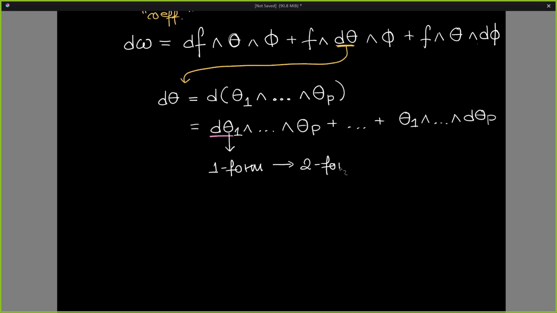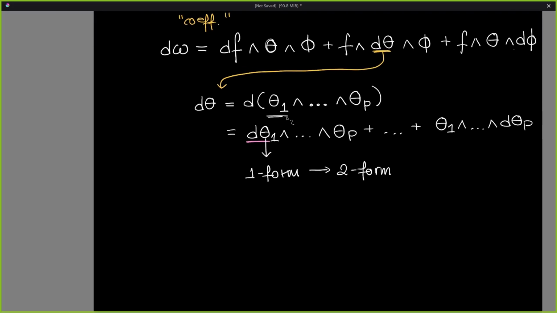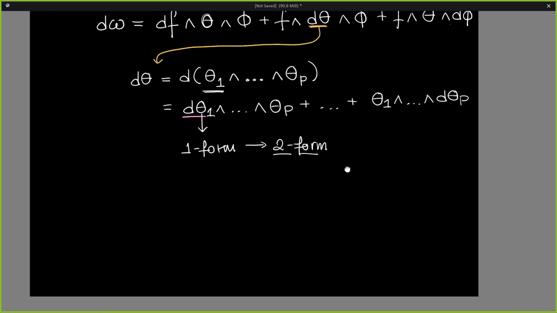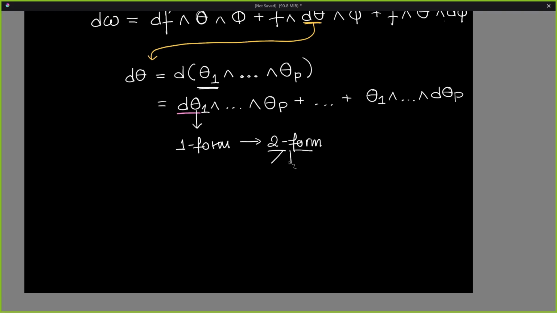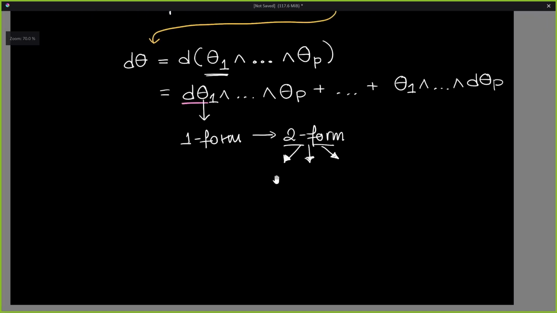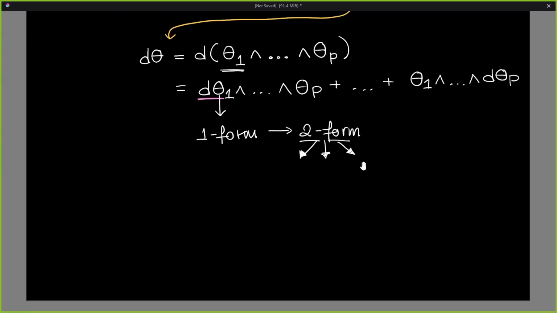So what we're doing is we're losing a 1 form and we're gaining a 2 form. There are a few different kinds of 2 forms that we could get from this, depending on what kind of 1 form theta 1 is.